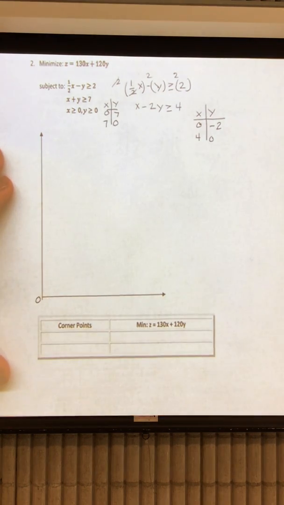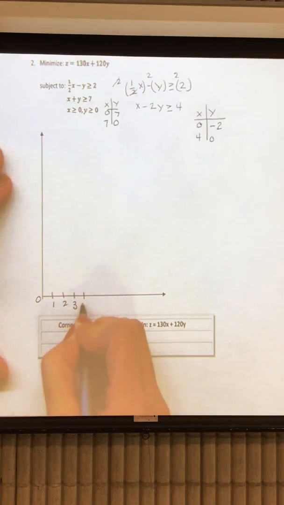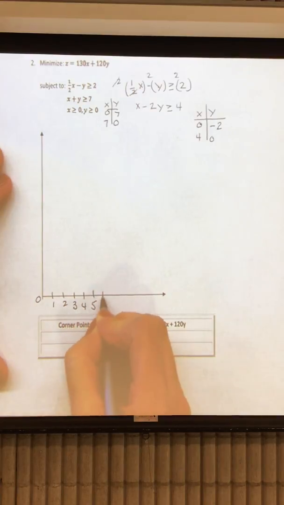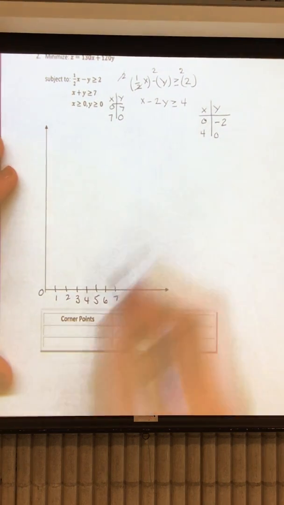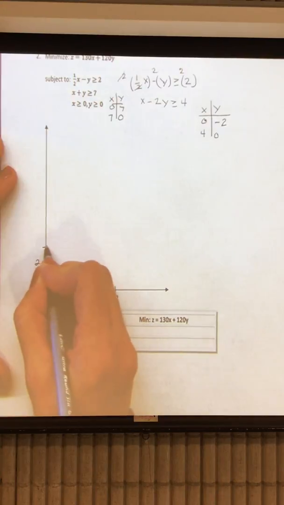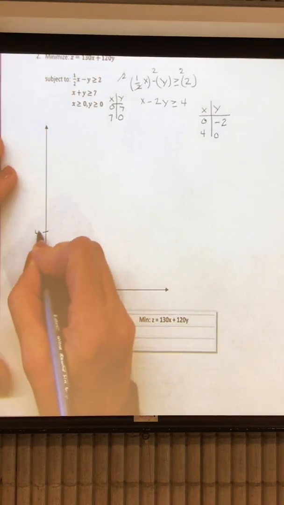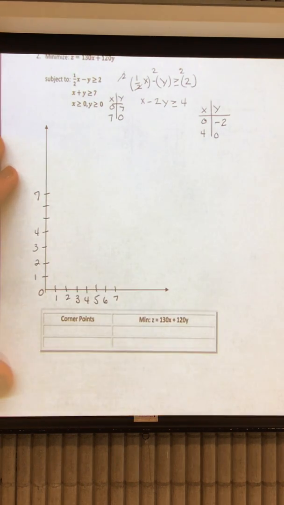And now let us draw our graph. 3, 4, 5, 6, 7. So again, we have 0, negative 2, which is not part of that graph. 4, 5, 6, 7. Because we just want x and y greater than 0.